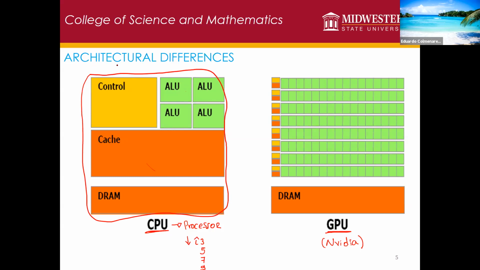This factory is going to produce something, and it has worker number 1, worker number 2, worker number 3, and worker number 4. These workers are very strong, and they can do a lot of things.